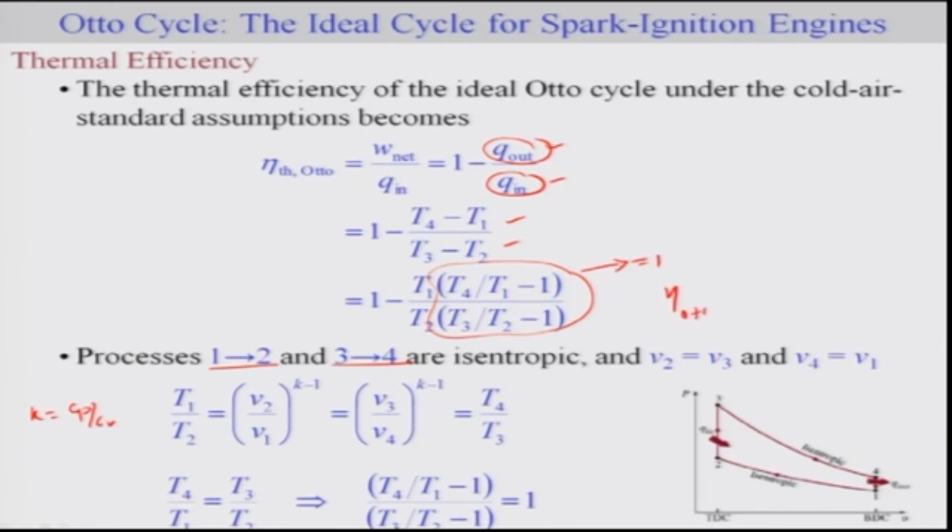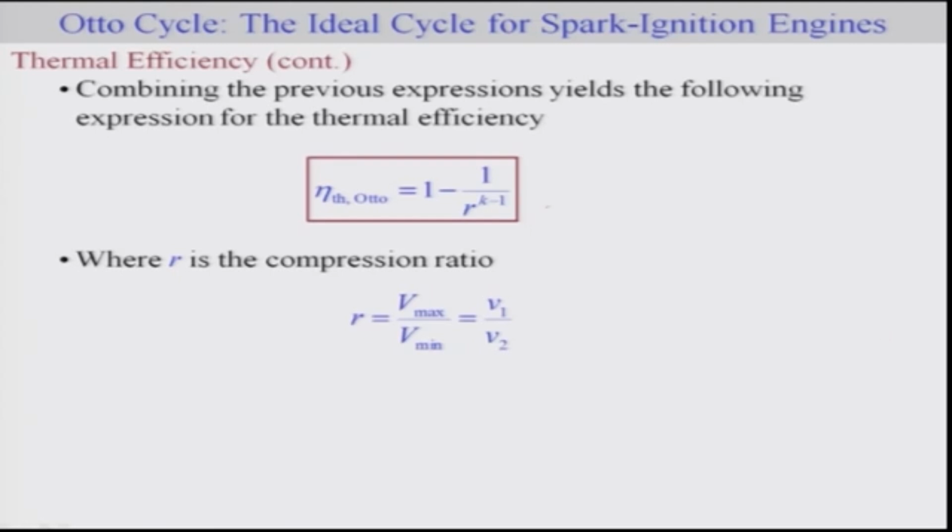Eta Otto, the thermal efficiency, is nothing but 1 minus T1 by T2. The compression ratio is nothing but V1 by V2. Thus this can also be written as 1 minus 1 by r to the power k minus 1. That is what is written here.